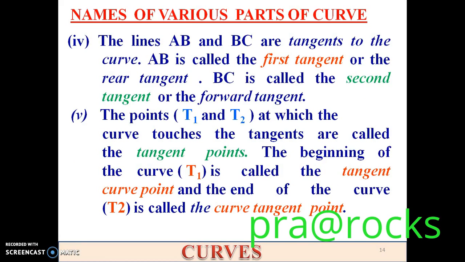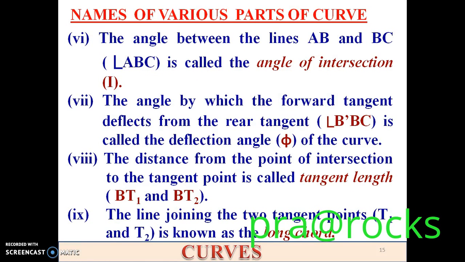The lines AB and BC are the tangents, AB the first and BC the second. T1 and T2 are the points where the curve and tangent touch, termed tangent points, where T1 is the tangent curve point marking the beginning of the curve, and T2 marks the end of the curve, the curve tangent point.